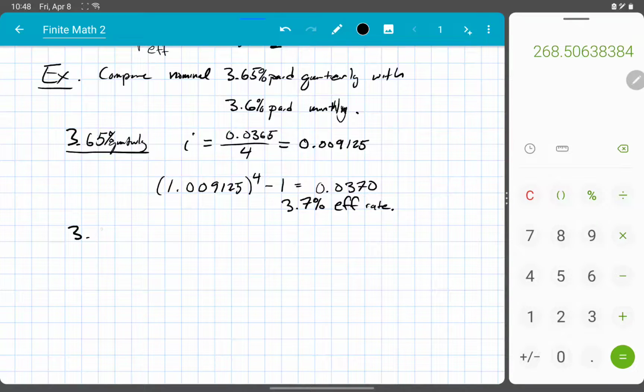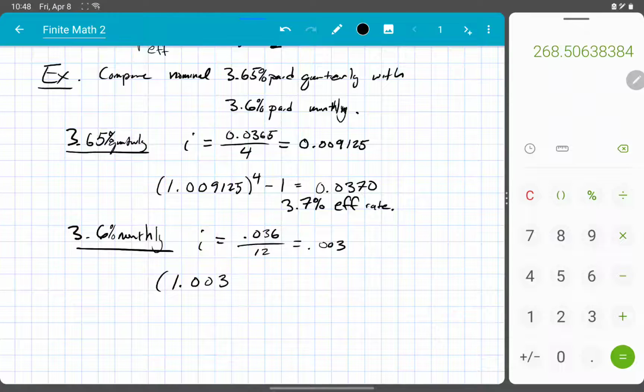So 3.6% monthly: i is now 0.036 divided by 12 because it's monthly, and that's 0.003. So the calculation we're doing is 1.003 raised to the 12th power, and then we subtract 1 to get the effective rate. It's 0.0366, so it's 3.66% effective.